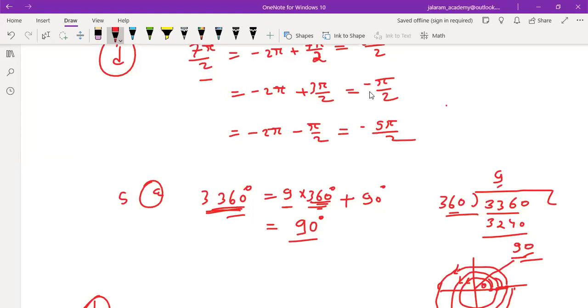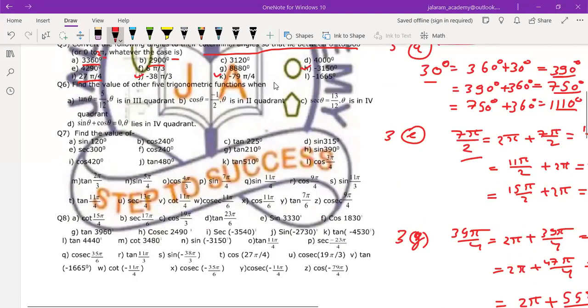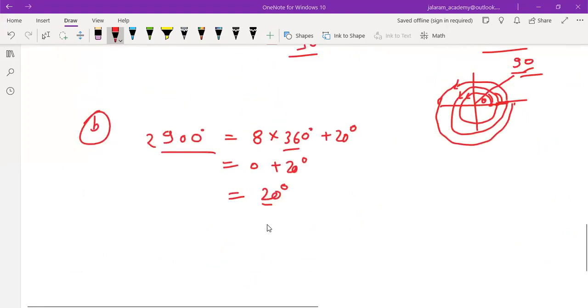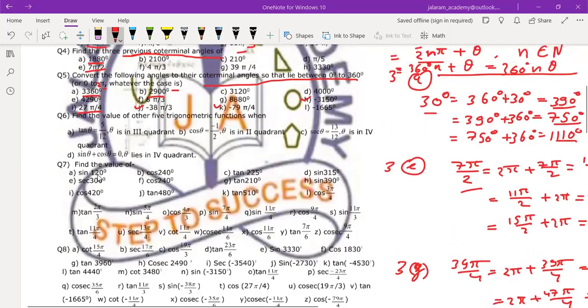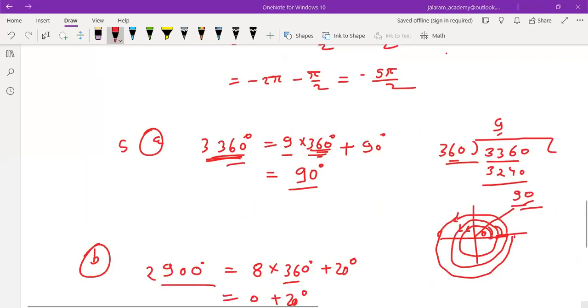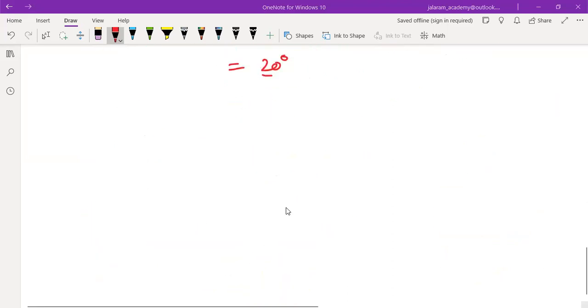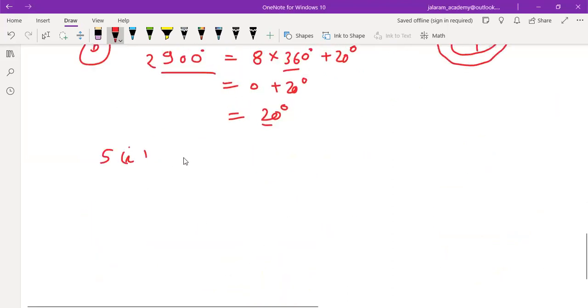So in terms of pi, how to convert it? Like this, question number 5I, 27 pi by 4.